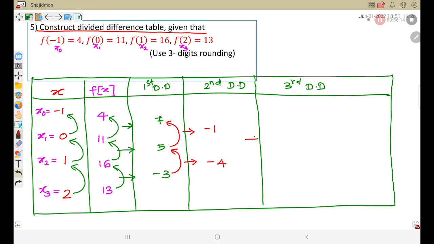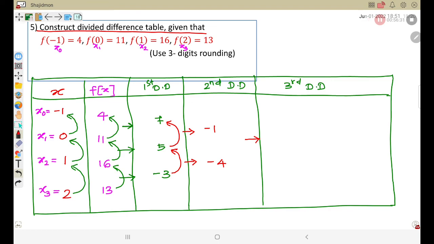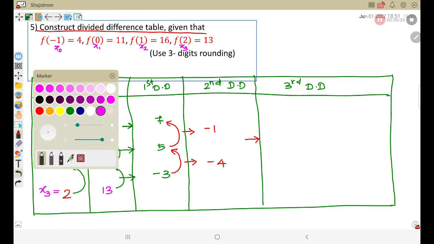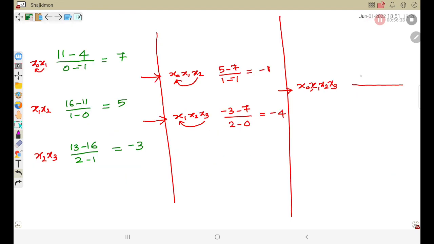Now we find the third order divided difference. Third order means how many numbers do we need to consider? 4 numbers: x0, x1, x2 and x3. We only need to be careful with the division. So minus 4 minus minus 1, that means plus, divided by x3 minus x0.